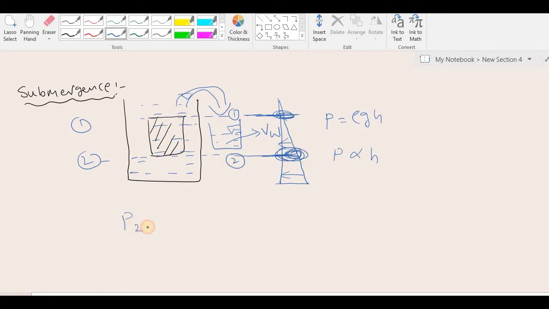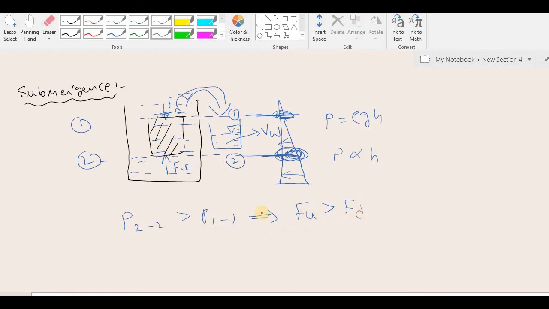It means the pressure at 2-2 is greater than pressure at 1-1, which implies the upward force Fu is greater than the downward force FD.